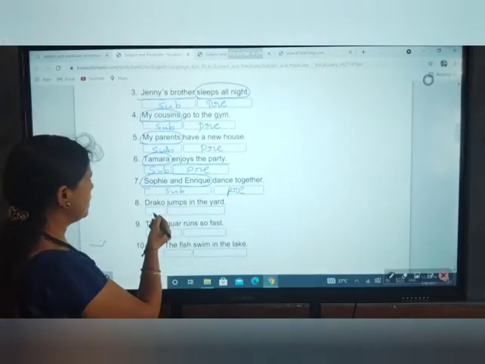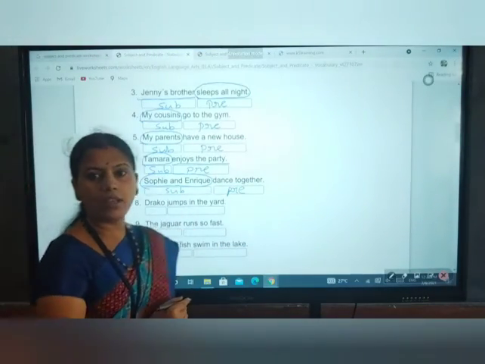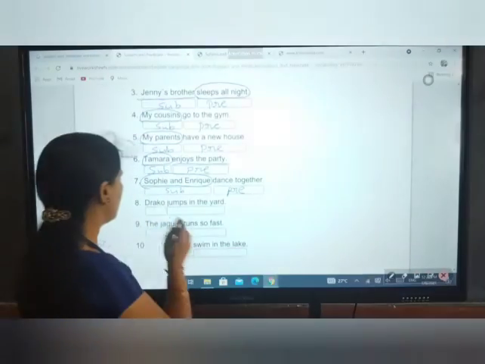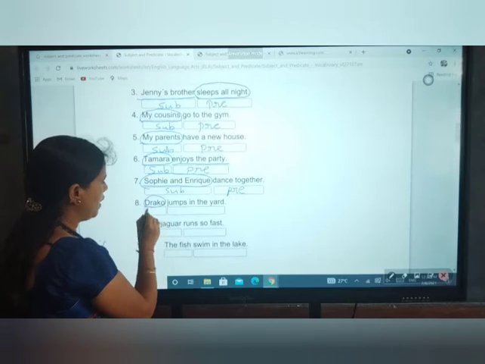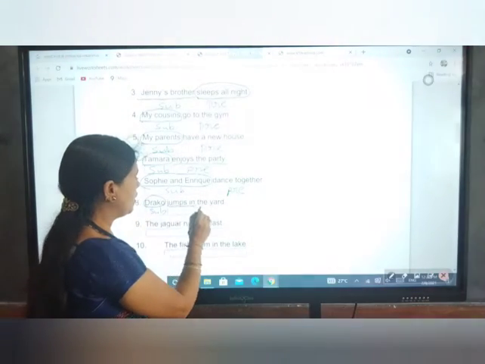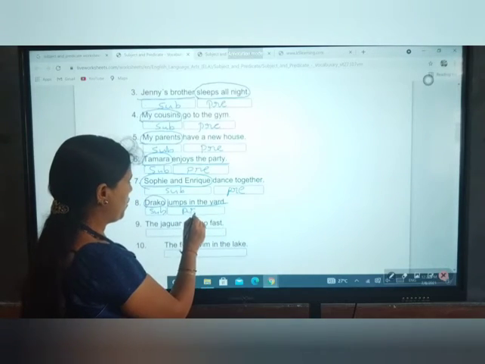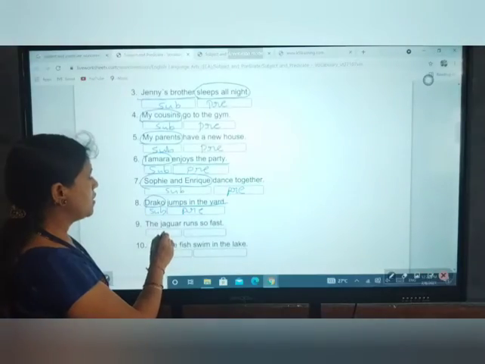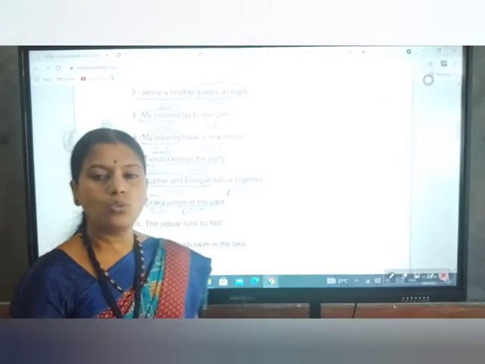In the next sentence, Draco jumps in the yard. Here we are again speaking about a noun, Draco. So Draco is subject, whereas jumps in the yard is predicate. Okay. In the next sentence, the jaguar runs so fast.